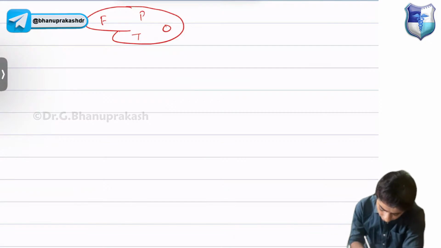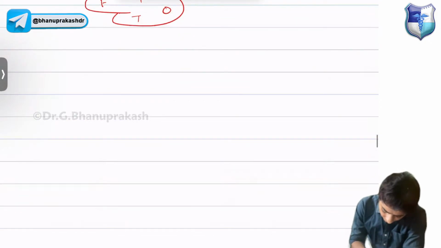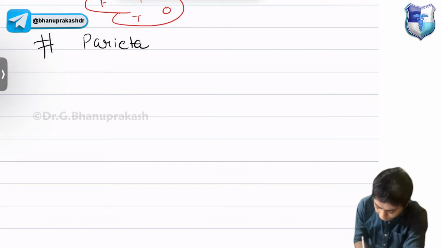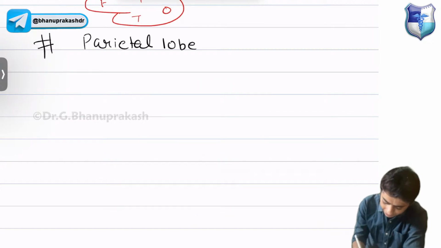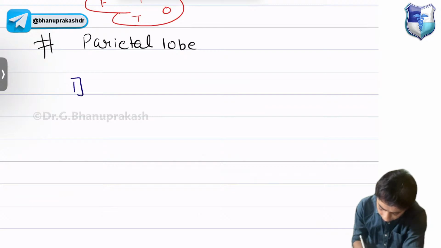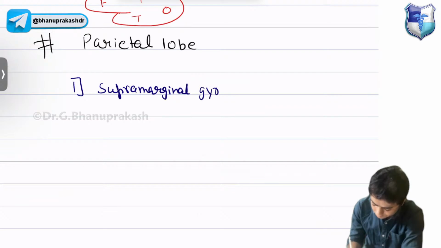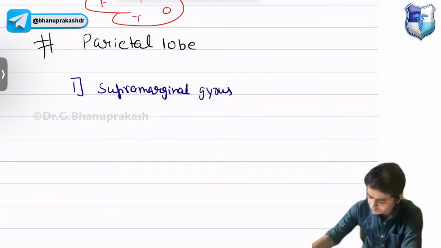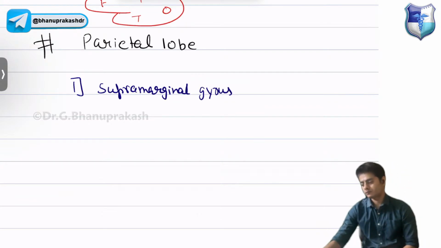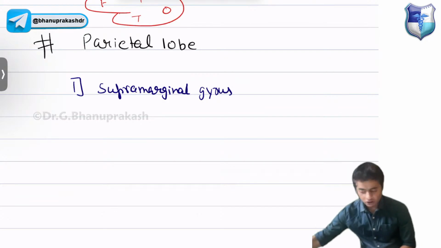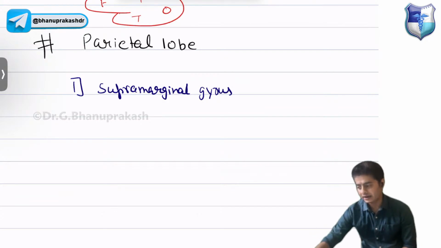So this slide is about the parietal lobe, and in the parietal lobe, two important things, starting with the supramarginal gyrus. Can anyone tell me what you understand by the term supramarginal gyrus?